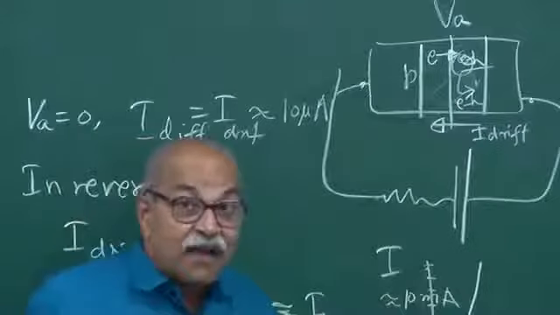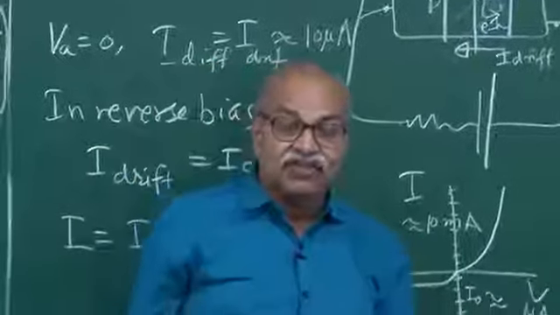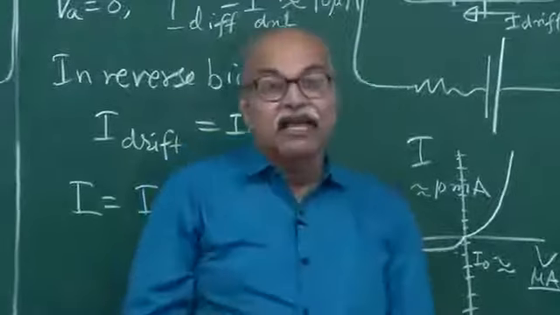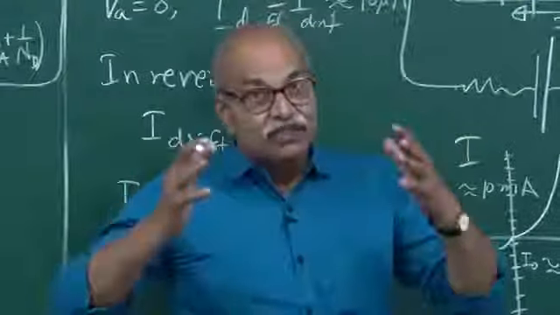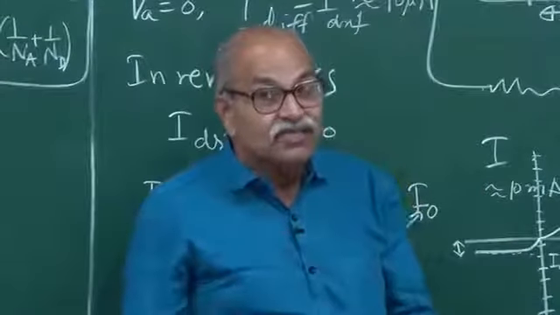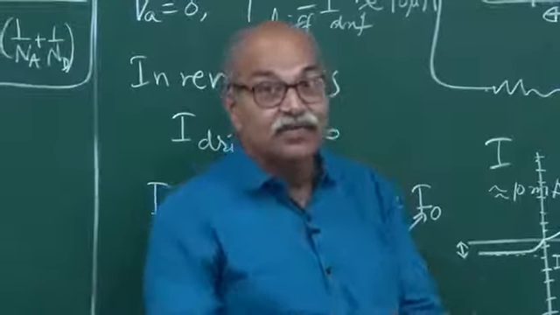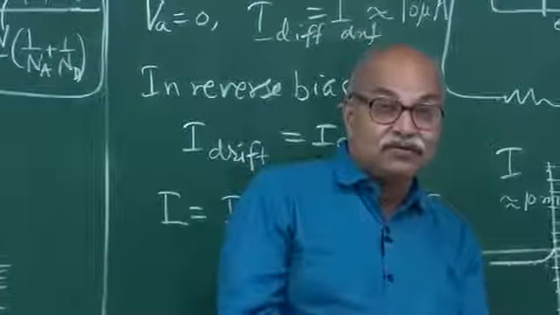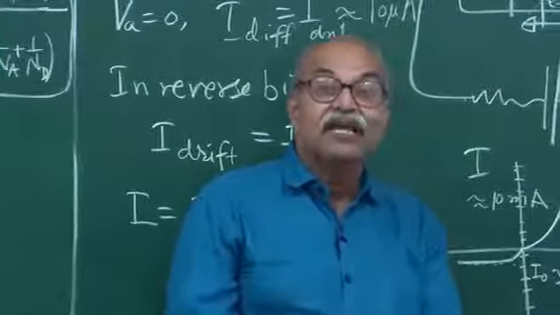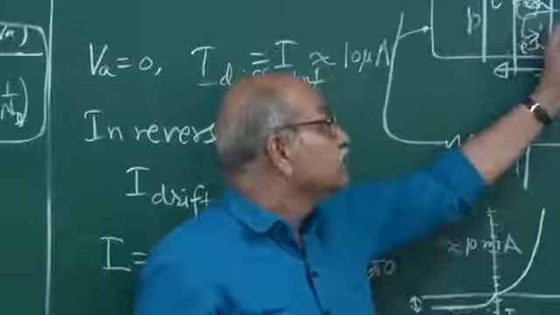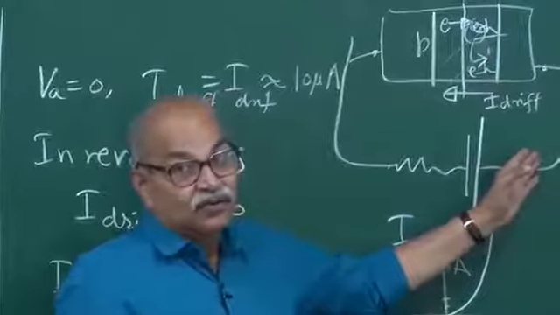If that happens, it is called avalanche. If you apply so much electric field and the depletion region becomes so wide that the electrons can create new electron-hole pairs, and those can also create new electron-hole pairs, etc., then you will have a large current in this reverse bias condition also.